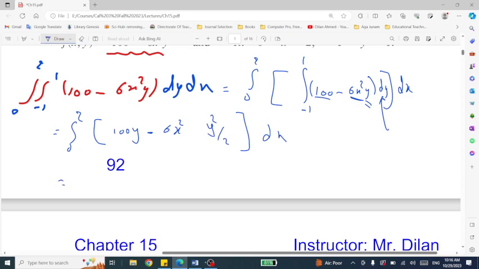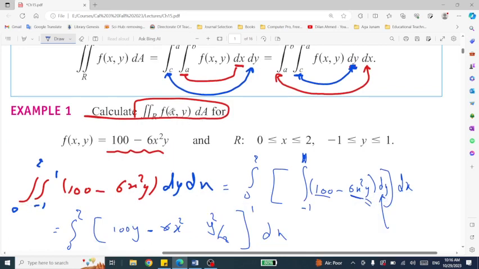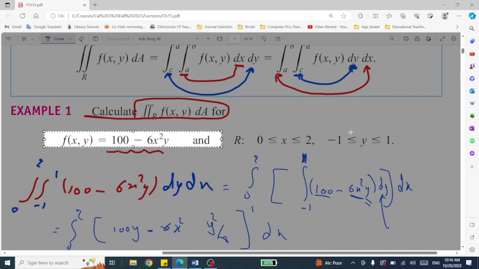Next, we evaluate between -1 and 1. We don't forget the boundary of y, so I get 0 to 2 of 100 y minus 3x squared y squared between -1 and 1 dx. So how do we substitute? Let me bring this example to the page again and solve it for you to be more clear.